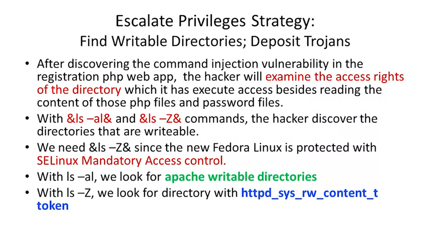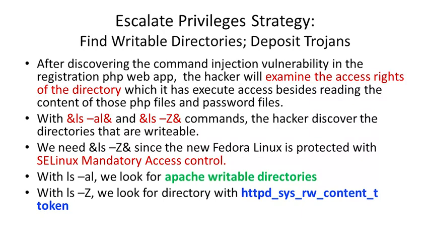When both of them have the writable permission, we are able to choose those as a target for depositing the Trojan. So in summary, we use ls -Z to explore the writable secure context, typically the token type.